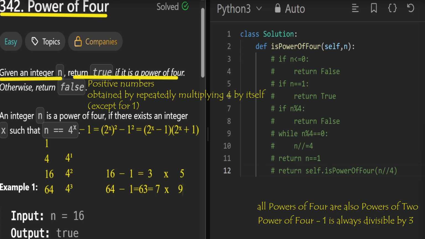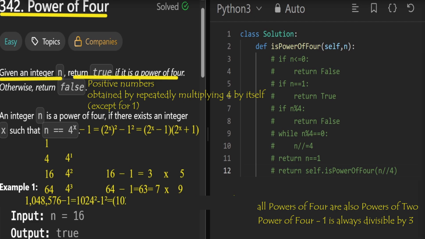What about this power of 4? 1048576. From our first deduction, it's also a power of 2, equal to 1024 squared. So after subtracting 1, why is the result divisible by 3?